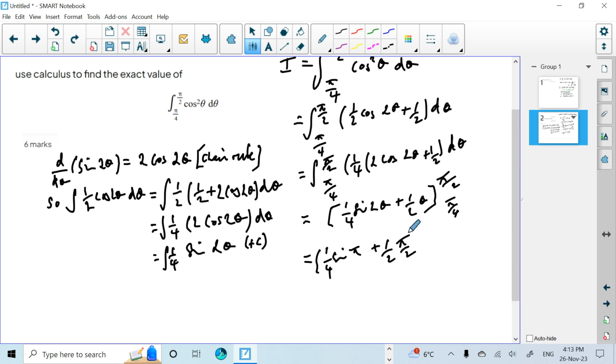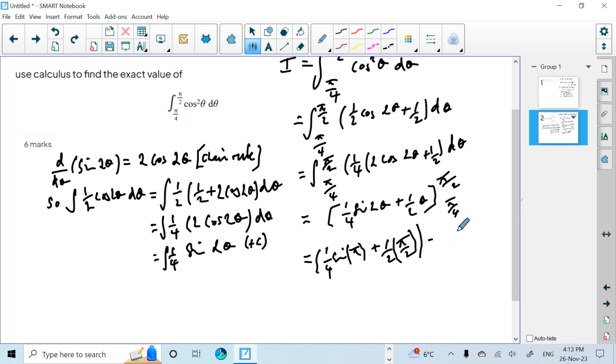And we can put that in brackets. Probably best to. And 1/4 sine pi, put the pi in brackets, let's be consistent. Close brackets there. Hopefully you can read my writing.